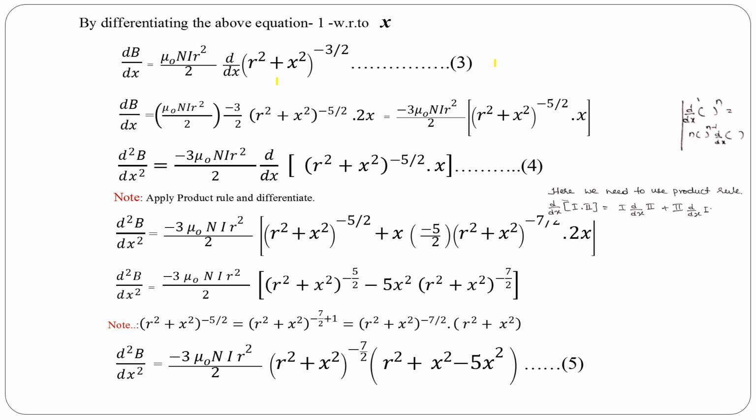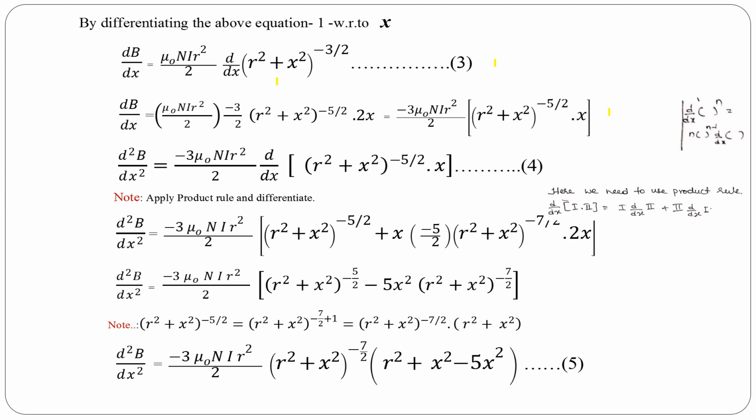Here 2 and 2 will be cancelled. In the next step we can write it as minus 3 mu naught N I r square by 2 into r square plus x square whole to the power of minus 5 by 2 into x. Again we have to differentiate this equation to obtain d square B by dx square.